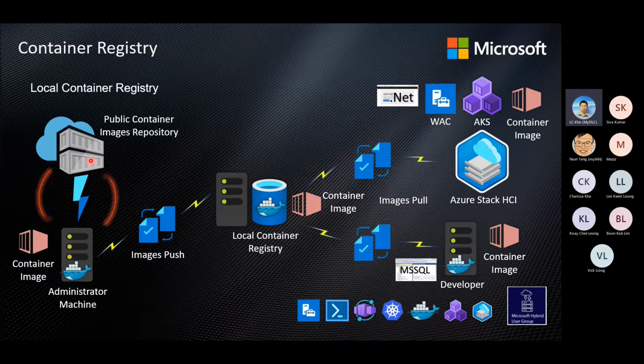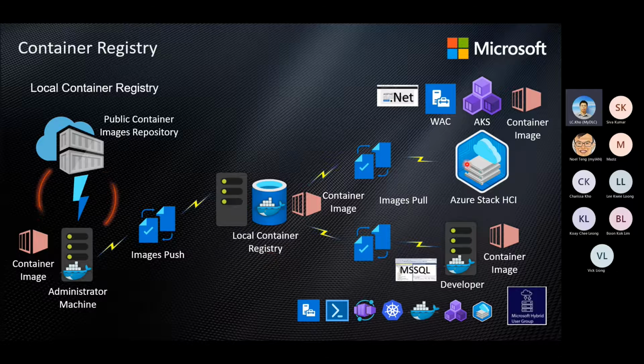So, any point? I think this is a very good scenario for explaining how the local container registry helps to speed up container image management. Because it's pulled from a local container registry, the speed is very good and very fast.